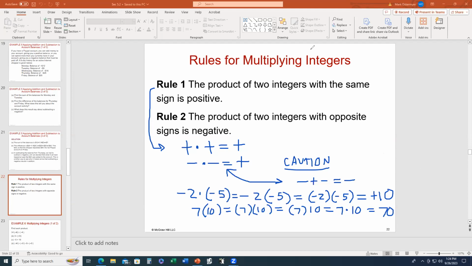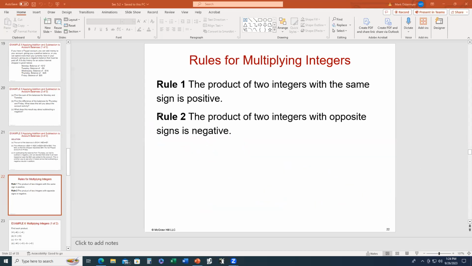Okay, what happens when you mix the signs and multiply? That's what rule 2 is saying. If I take a positive times a negative, or if I take a negative and multiply it by a positive, I always get a what? Negative. So when you mix the signs and multiply, you always get a negative.